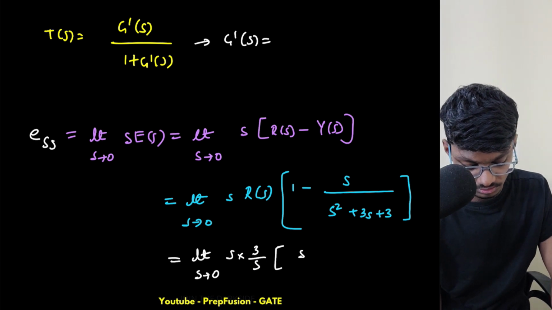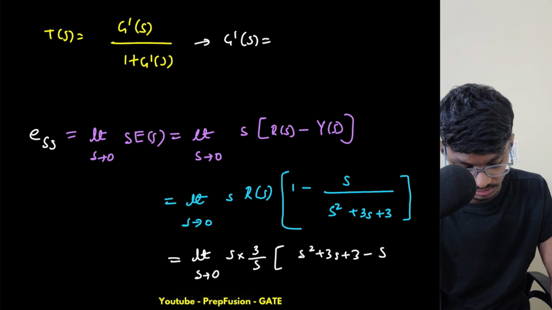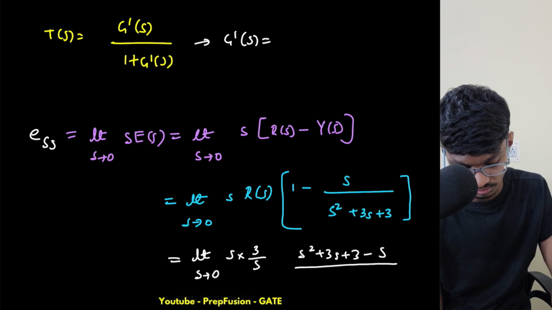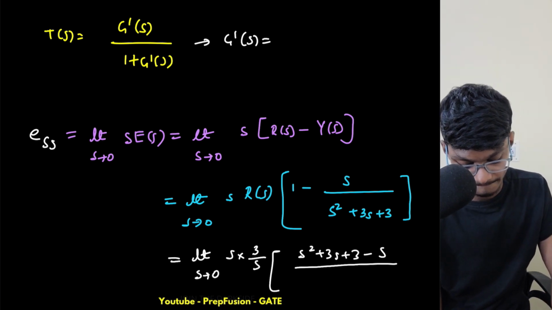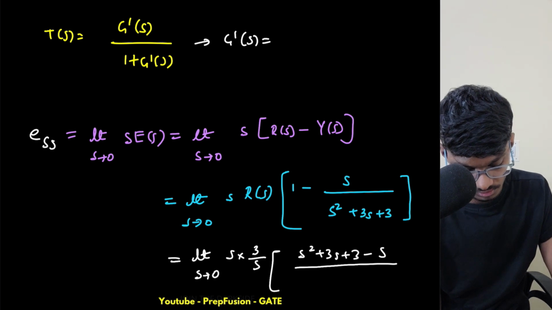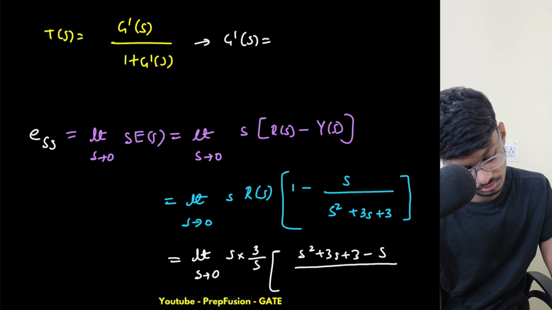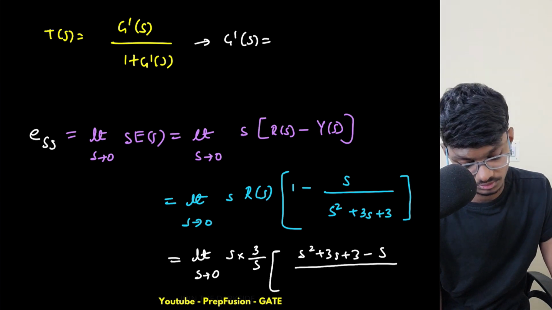This is s square, so s square plus 3s plus 3 minus s, and this is 3. This one was 3 by s.